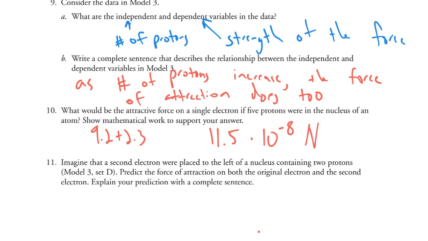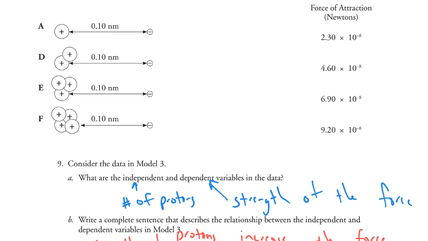Imagine that a second electron was placed to the left of the nucleus containing 2 protons, Model 3, set D. Predict the force of attraction on both the original electron and the second electron. Here we have to make a prediction. What I know about magnets is that they don't have to share their charge, meaning the power to attract negative charges doesn't just get directed to one electron and then have to be split up when another electron comes in.